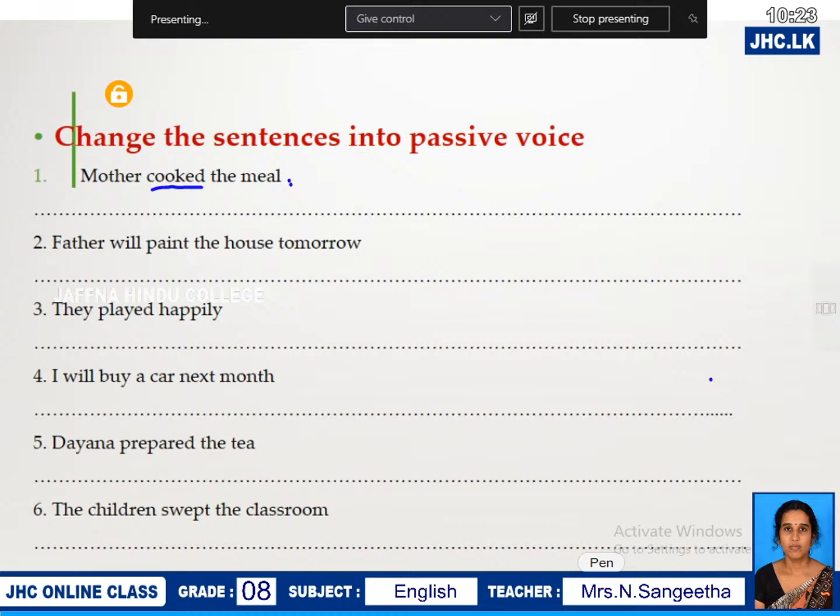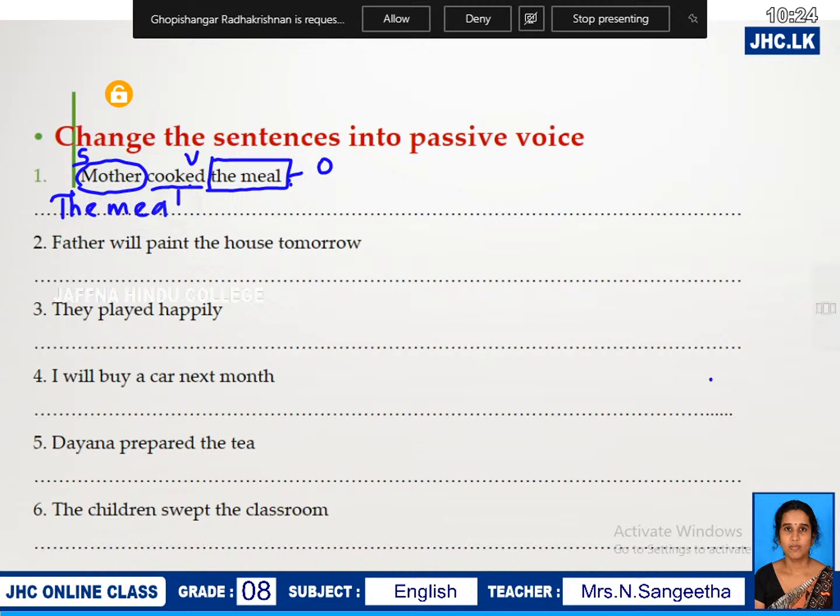Can you find the answers? Go through the first one. Mother cooked the meal. Who? Mother. So mother is the subject. What did she do? Cook. So in which tense is it? It is in the past tense, simple past. What did she cook? The meal. So this is the object. First bring the object to the beginning, the meal.